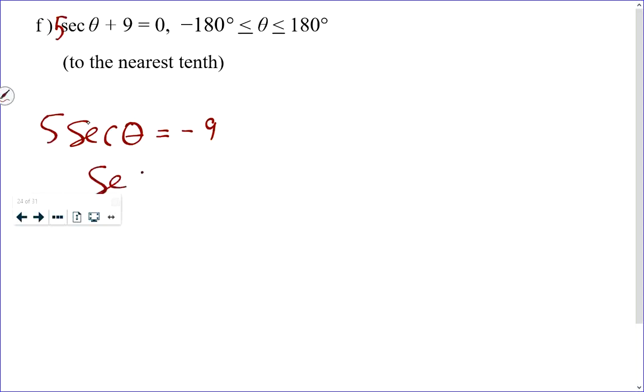So you end up with secant of theta equals negative 9/5. So I'm subtracting 9 and then dividing by 5. That means cosine of theta is negative 5/9.